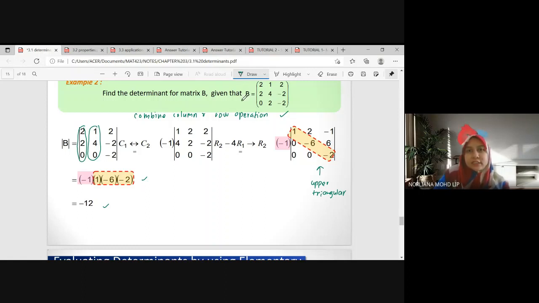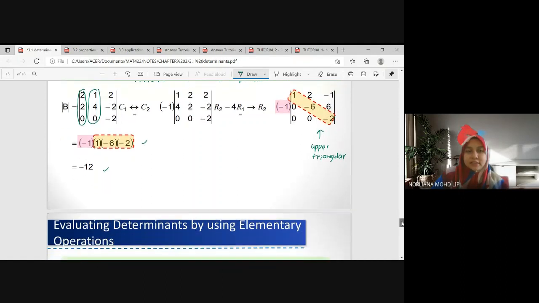Salah salin soalan ni. Patutnya 0, 2, negative 2 kan ni. Ni salah salin soalan ni. Ni ubah lah soalan ni. 0 lah. Okay, thank you. Siapa yang tanya tadi?